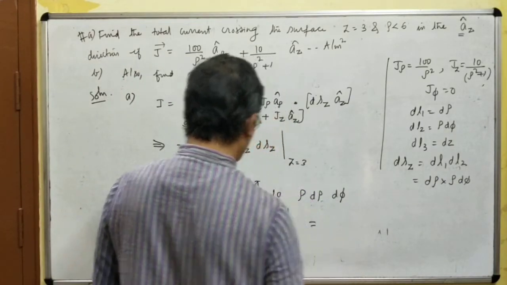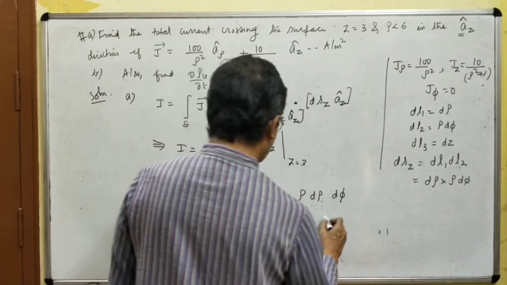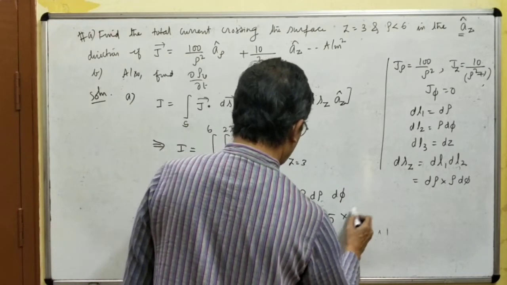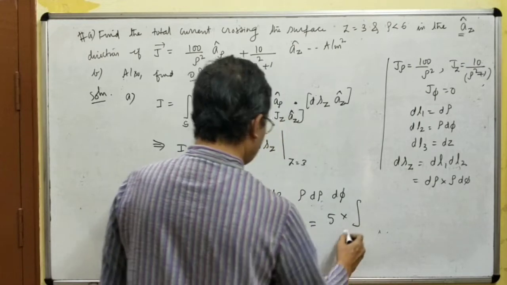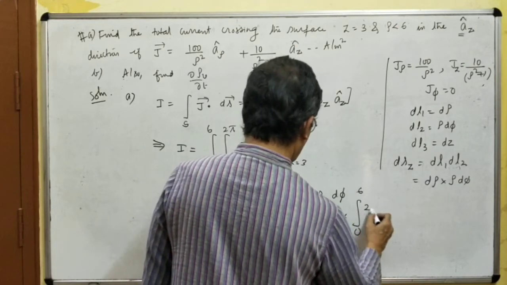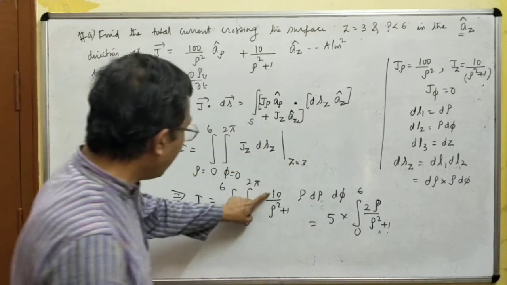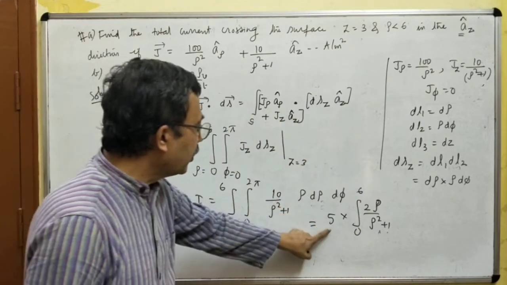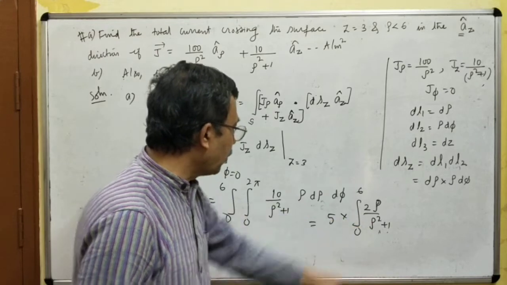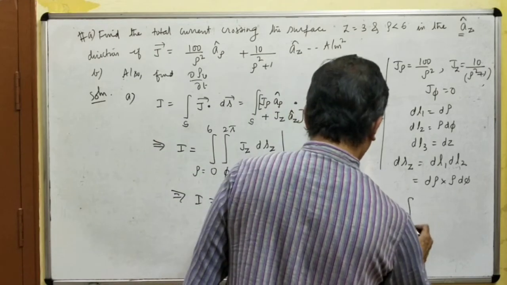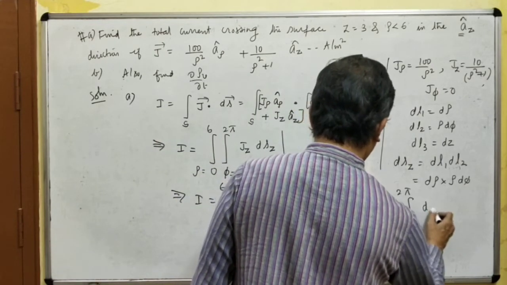Now you write this as 5 into the integral from 0 to 6 of 2 rho divided by rho square plus 1, into the integral from 0 to 2 pi of d phi. This 10 I have written as 5 into 2.